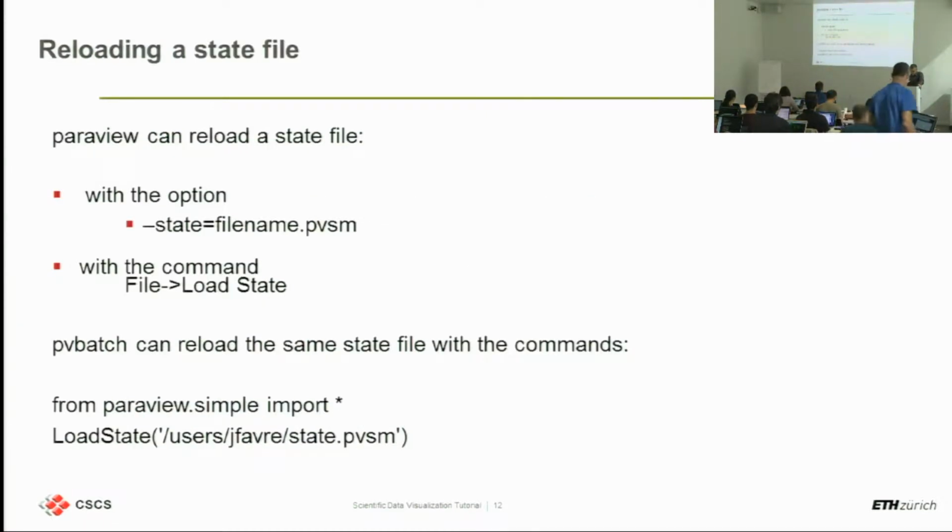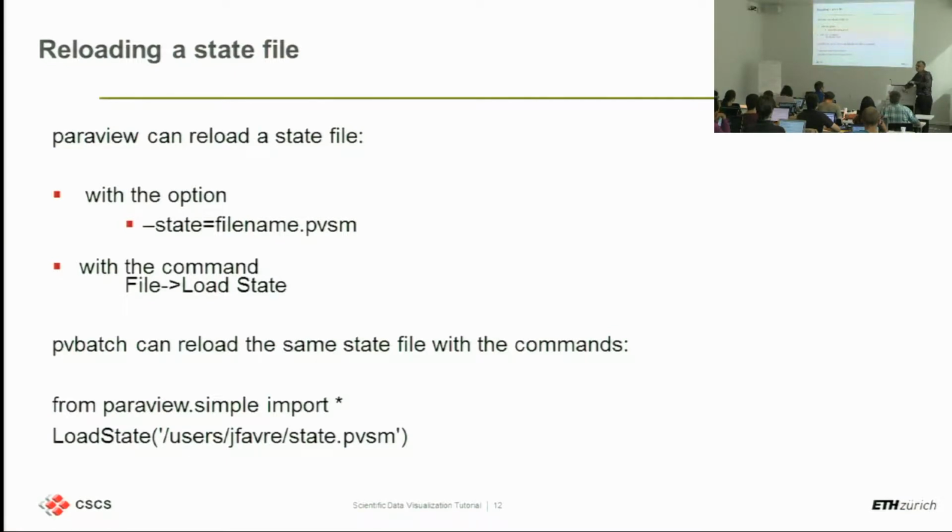That's up to you. Reloading, we've seen how to do this. There are two different ways to load a particular state in ParaView. There's the so-called state file, which has a PVSM extension, and my advice is to not use it. Actually, my advice is to use it once, and then to edit the file. And then you understand why you should not use it, because it's unreadable.